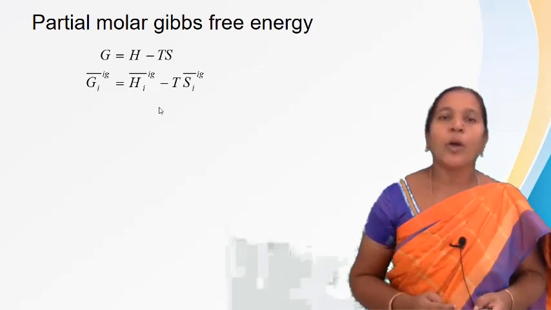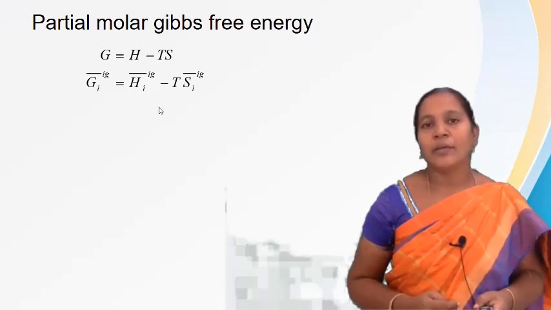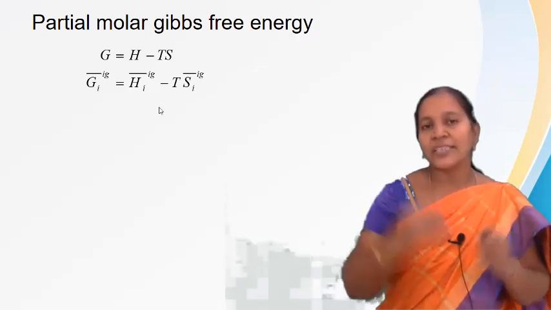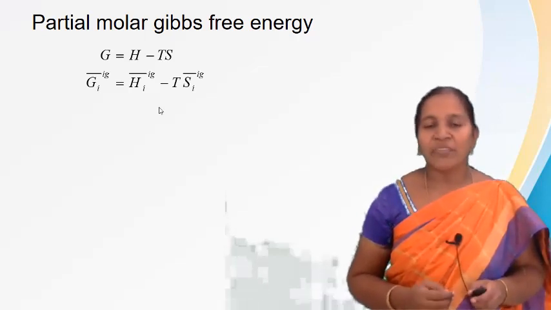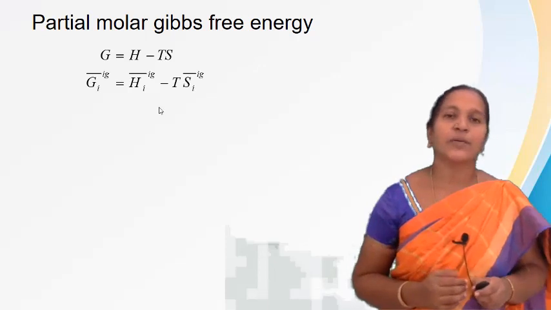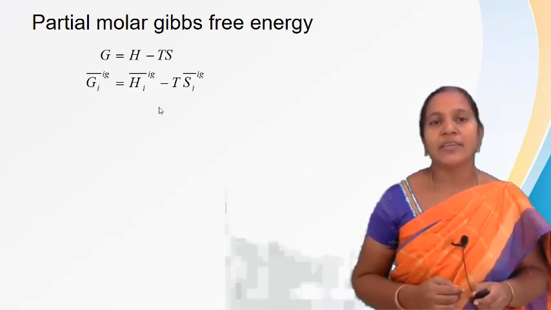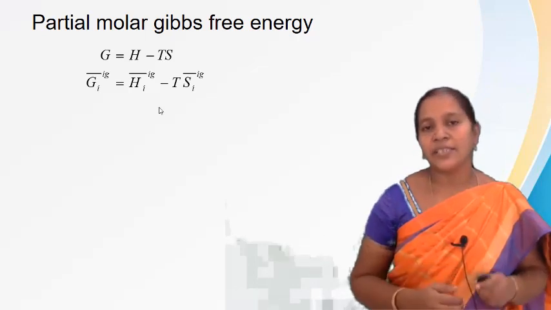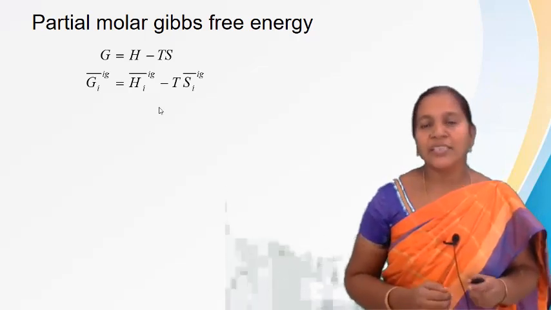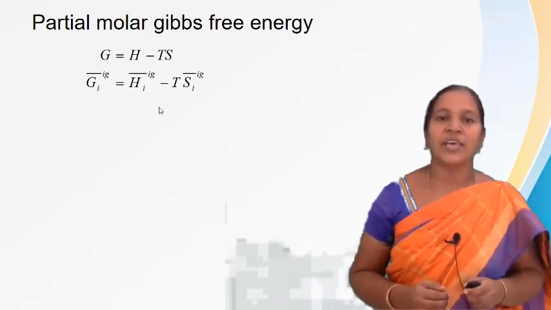Now coming to partial molar properties, that is partial molar Gibbs free energy. We know the definition of Gibbs energy, G is equal to H minus TS. For an ideal gas, G_i bar ig is equal to H_i bar ig minus T into S_i bar ig.